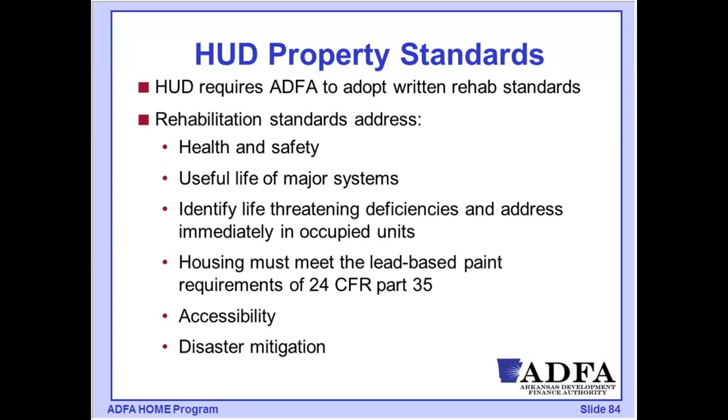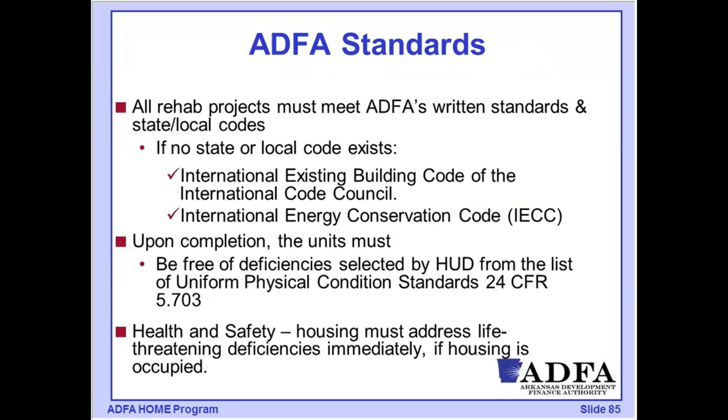So Arkansas, prone to tornadoes, if there are building specifications that have been put in place to try to protect units from damage from future tornadoes, that would be something that ADFA could adopt within their written rehabilitation standards to then try to make sure that as part of rehabbing these units, we try to protect them from future damage.